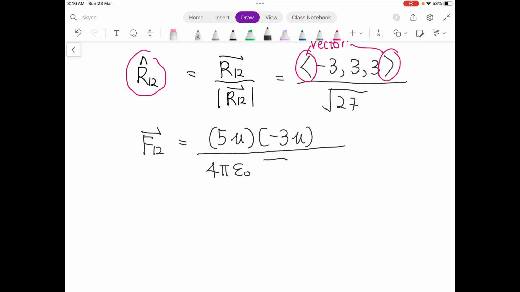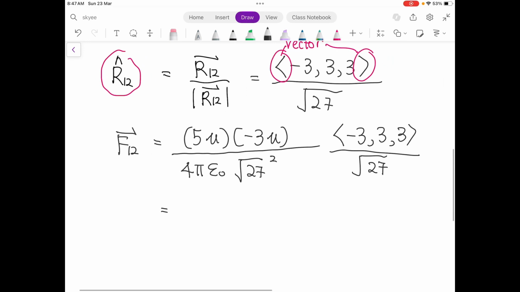Then you have the square root of 27 squared, and then this (-3, 3, 3) over square root of 27. So you can start calculating the force. It is negative 0.91 micro, sorry, not milli, micro.